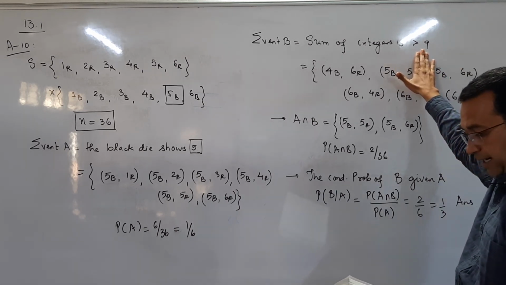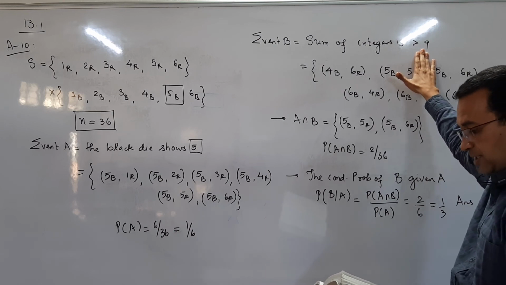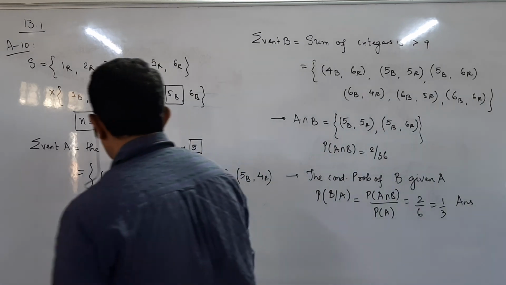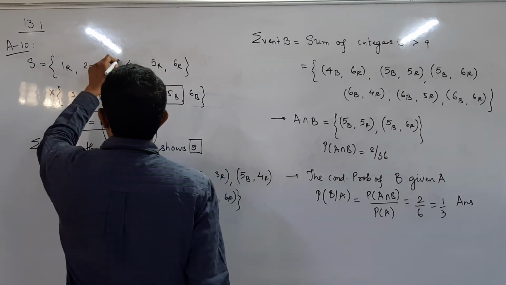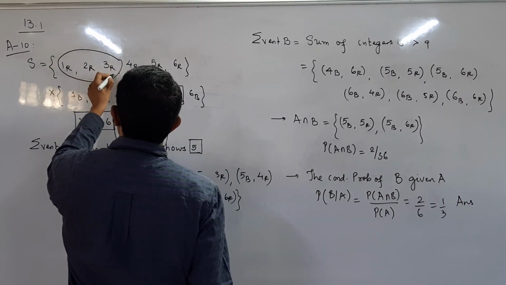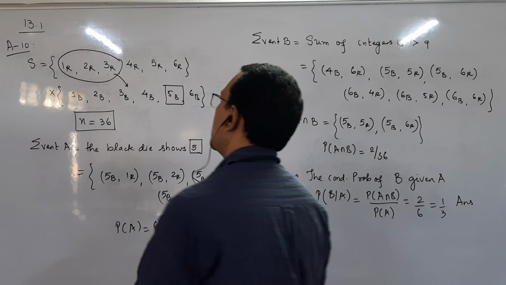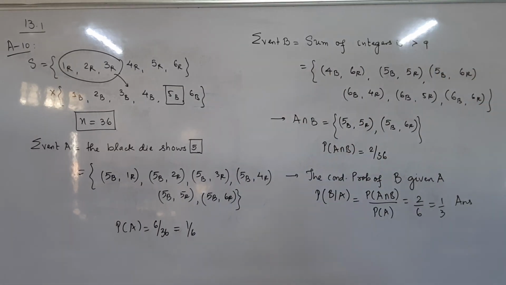Given that the red die resulted in a number less than 4. Red die resulted in a number less than 4 means we have to multiply 1r, 2r and 3r with the set of integers 1b up to 6b. So total outcomes of event A will be 18. Clear? And then sum of integers is 8.